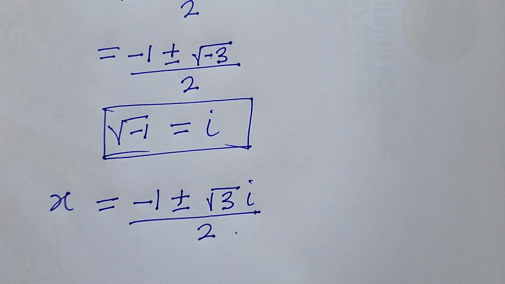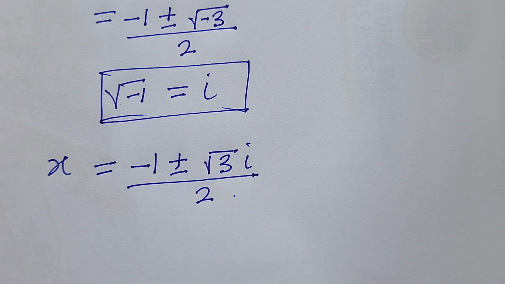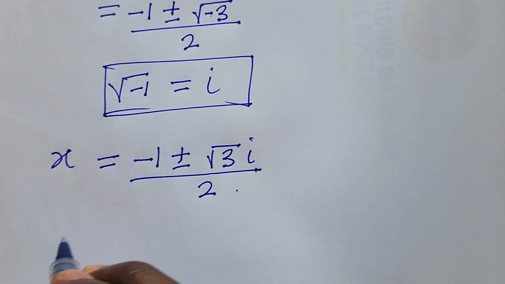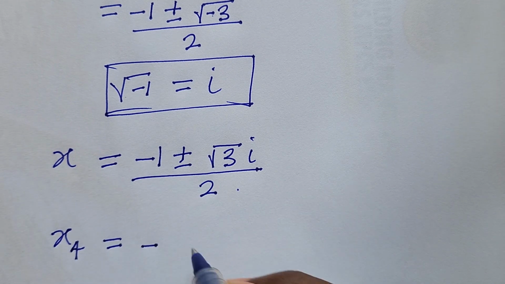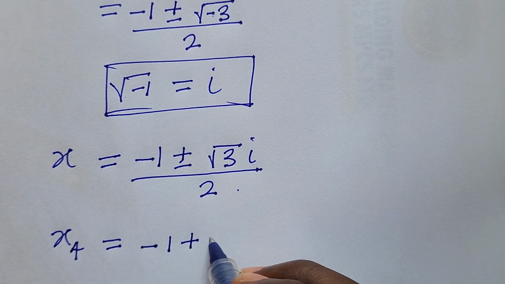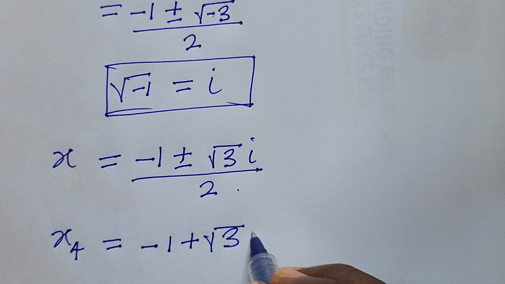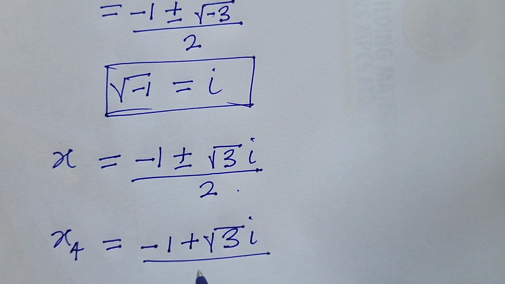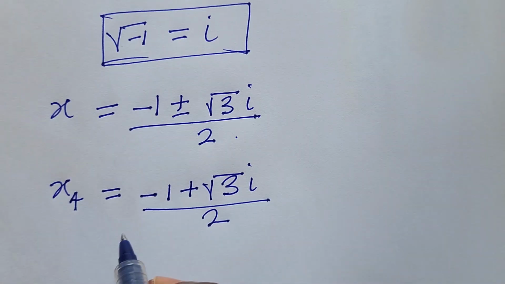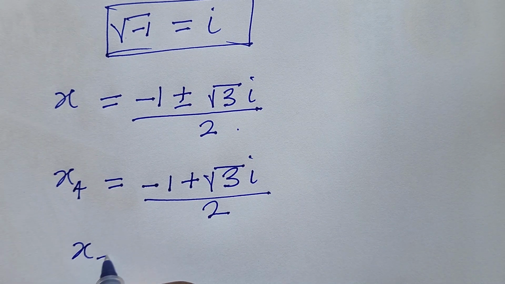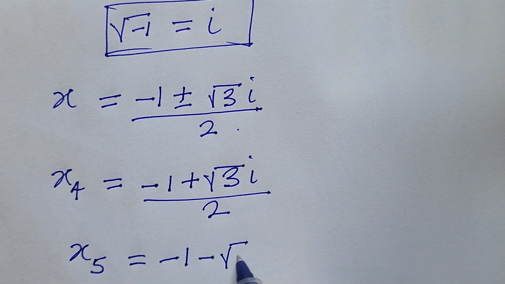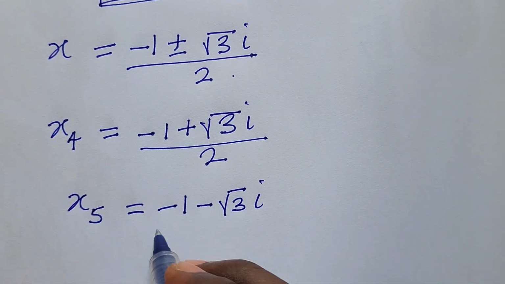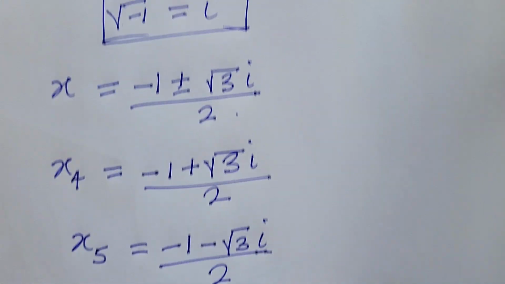So we have two solutions from here, which are x4 and x5. So let's take our first one. We have x4 will now give us minus 1 plus the square root of 3 iota, all over 2. Then x5 is equal to minus 1 minus the square root of 3 iota, all over 2.